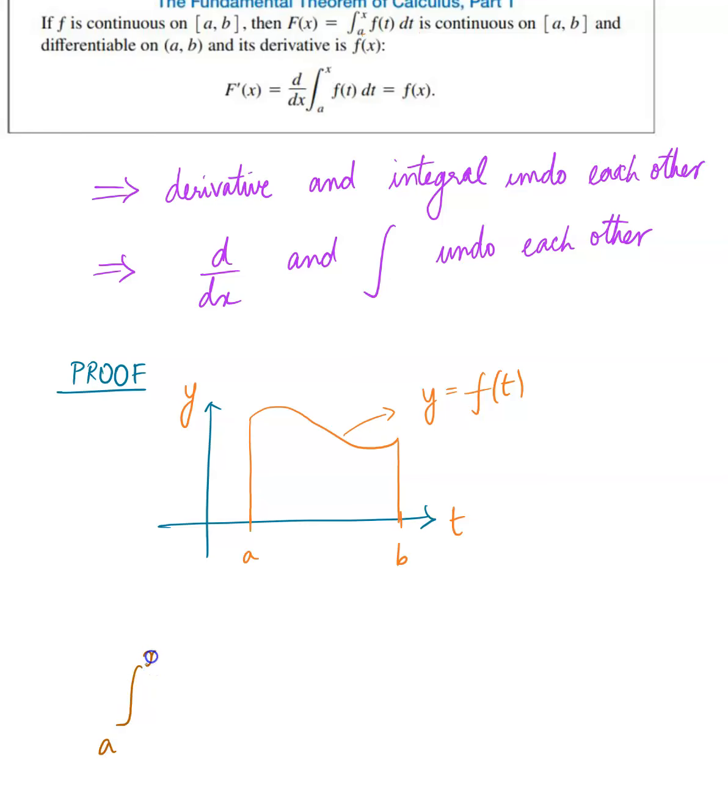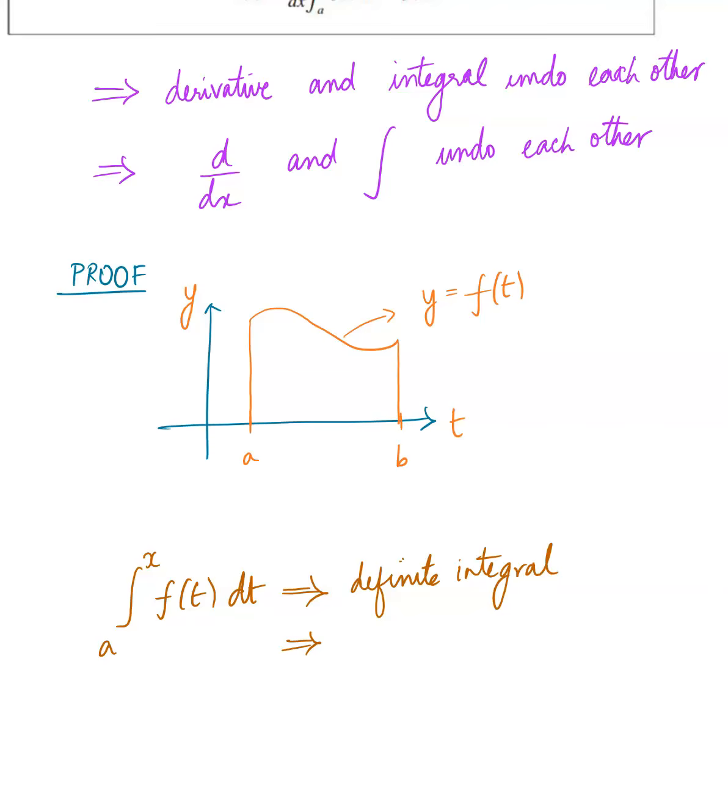Integral from a to x of f of t dt implies it is a definite integral, because you have a definite start and end point for this integral. But more importantly, the interpretation of this is the area under the curve y equals f of t, from a to x.